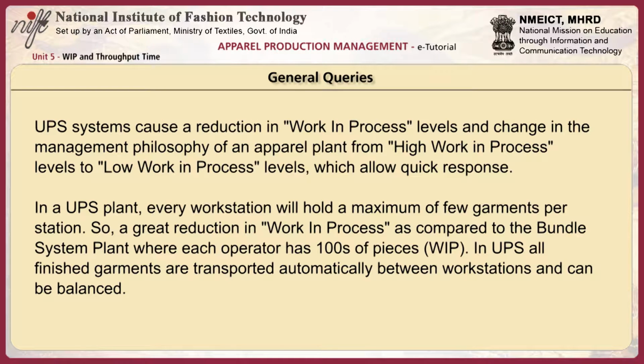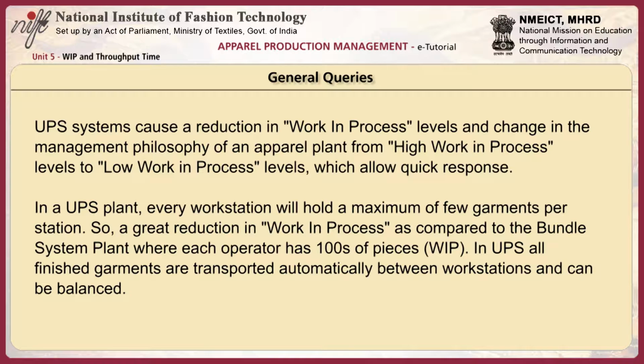UPS systems, that is unit production systems, cause a reduction in WIP levels, that is work in process levels, and change in the management philosophy of an apparel plant from high work in process levels to low work in process levels, which allows a quick response.